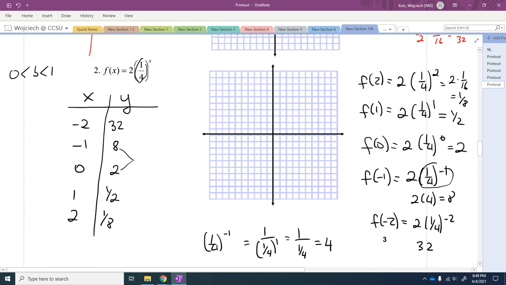So how do I scale this? Just like in the other example, I will go by 5 boxes will represent 1 unit, and +1 and +2. Now y-axis, I need to fit up to 32. So what's the best way to do this?